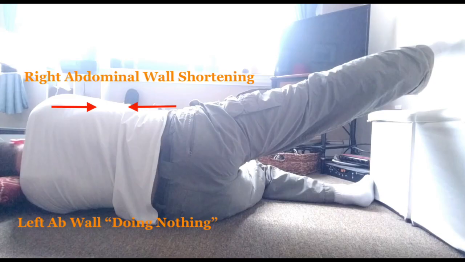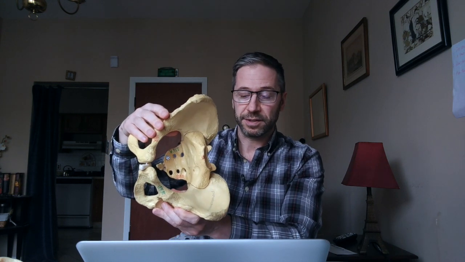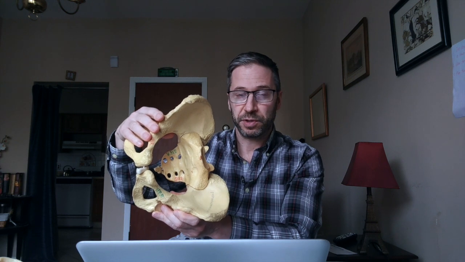All right, now, in this picture, you're going to see how she abducted her right leg, how she picked up her right leg. What she did was, as she went to pick the right leg up, she shortened her ab wall. So this pelvis that was ostensibly lying flat, it really wasn't, because she wasn't positioned perfectly.